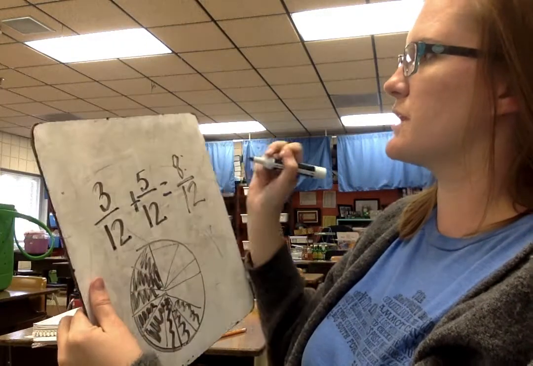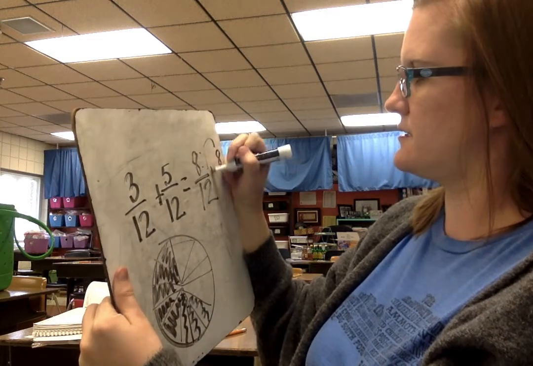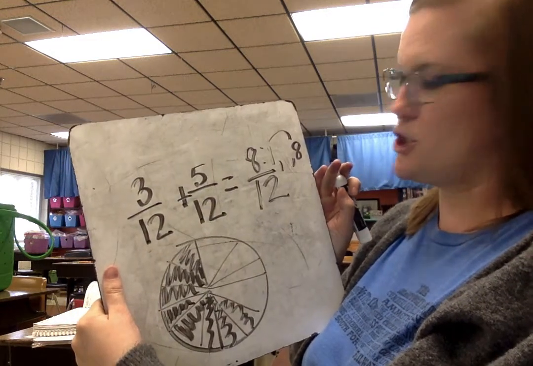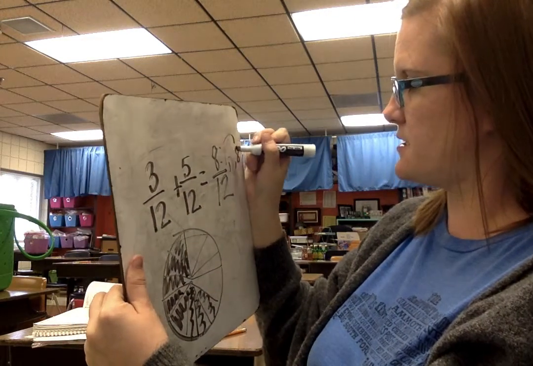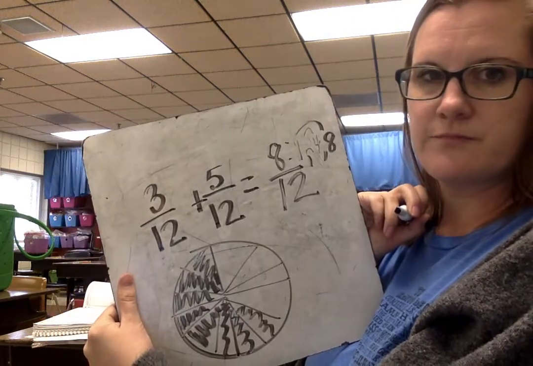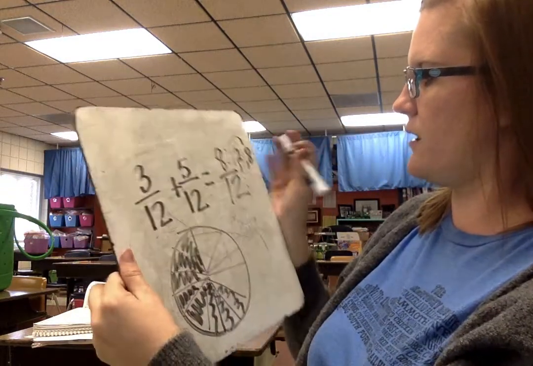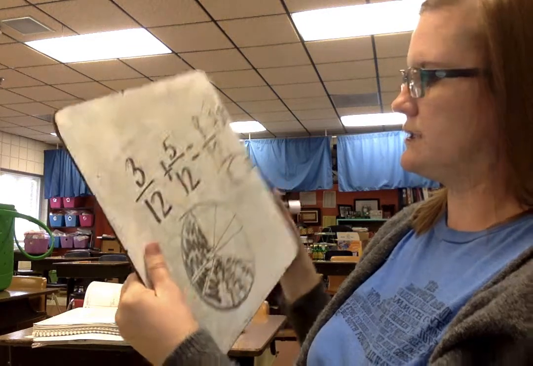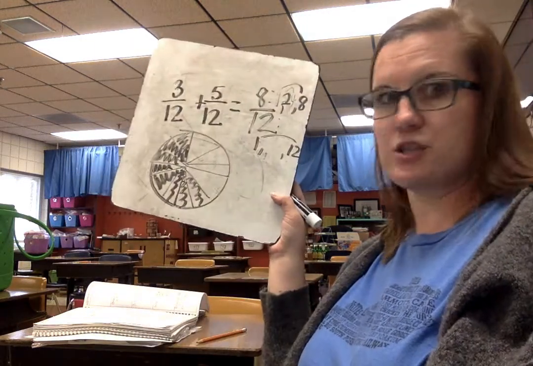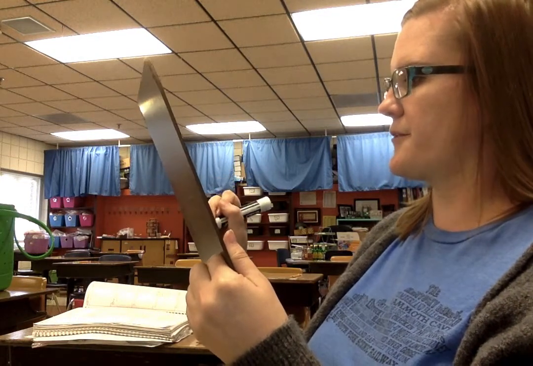So I'm going to list my factors. 1 and 8. 2 can divide into 8, so 2 times 4. And then for 12, I've got 1 and 12. Let's see, 1 times 12, then 2 times 6, and then 3 times 4.